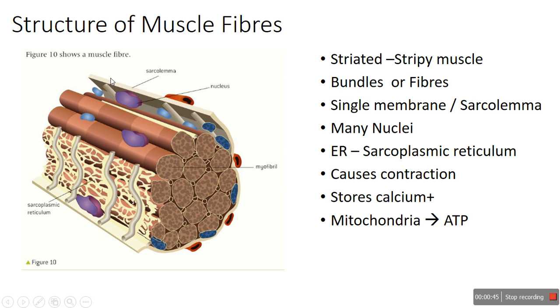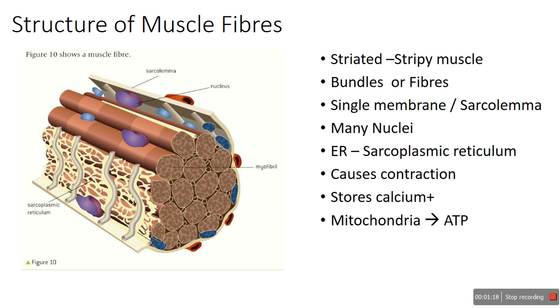Now, the sarcolemma is like a cell membrane, and this is why muscle fibers are quite different to other types of cells, because the fibers have one cell membrane around them, but within each sarcolemma there are lots and lots of nuclei. So they're not split into individual cells like most cells are. This is one of the cells that breaks apart the idea of the cell theory, and is actually contrasting to the cell theory.